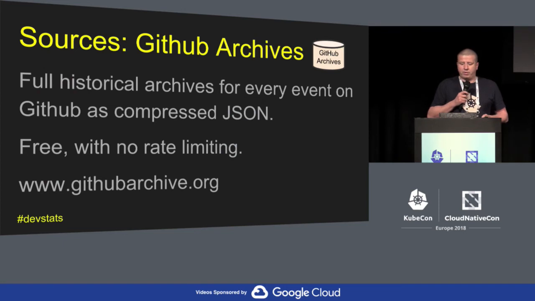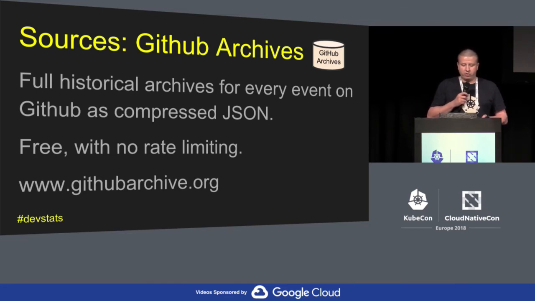We chose GitHub Archives instead of alternatives like BigQuery or GitHub Webhooks. The advantages of GitHub Archives are that we can have full historical archives for every event from the past, and every such event contains its state from the past, not now.